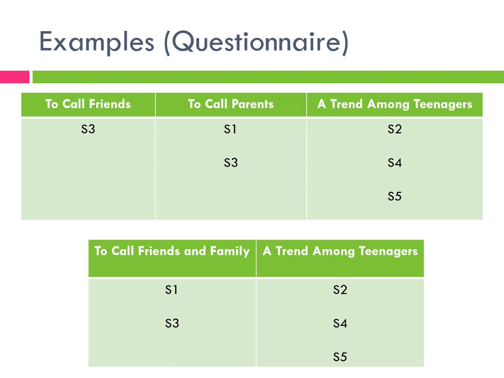A trend among teenagers, how many now? 3. So you can actually convert the details into numbers. Alright, got it? A bit complicated, right? But don't worry, it will be easy, inshallah. Okay, now let's continue.